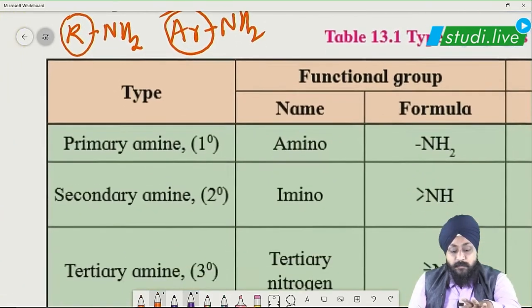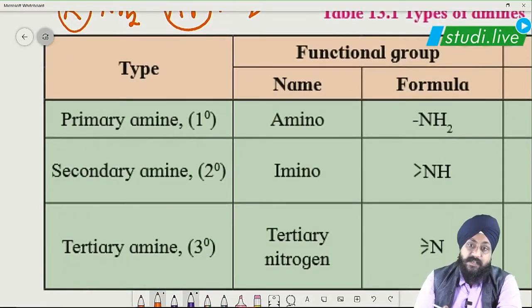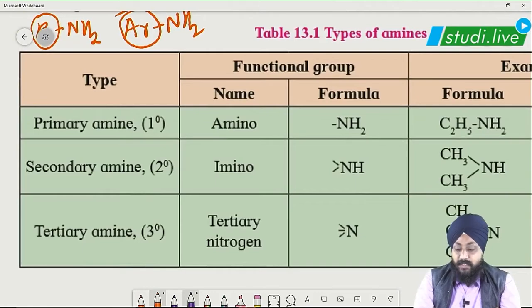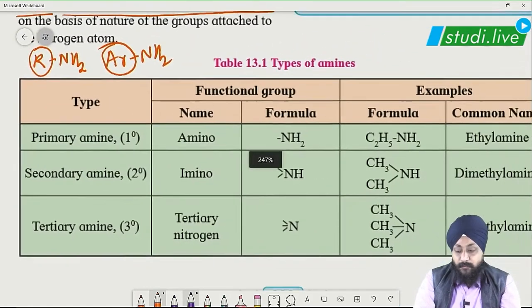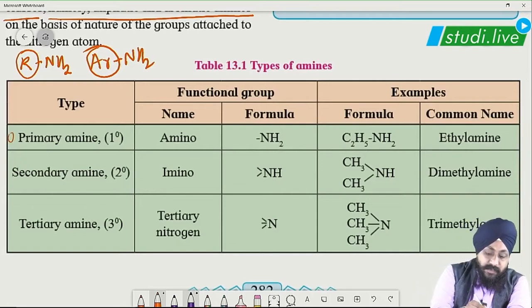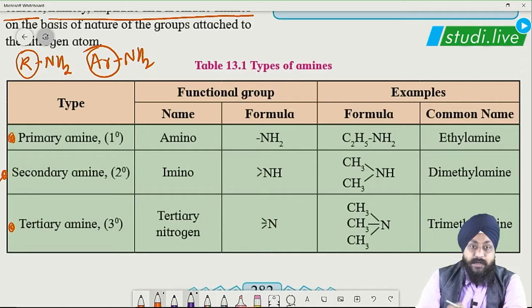Then students, there are three types of amine over here. You have three types of amine: primary amine, secondary amine, and tertiary amine. Primary amine is also known as 1 degree amine, secondary is 2 degree, and tertiary is 3 degree. Here there will be only one alkyl group attached.